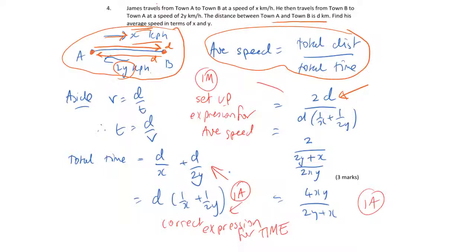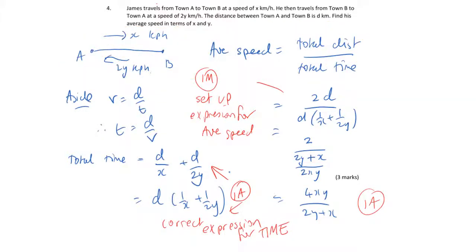Now, in order to get an expression for the total time, we're going to go across here. I'm just going to rub it out for a minute. So here's what we know. We know that velocity or speed is equal to distance over time. If we transpose this, just swapping over the v and the t there, t is equal to distance over velocity.